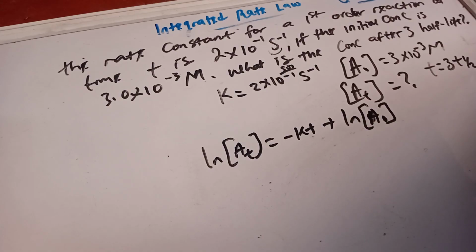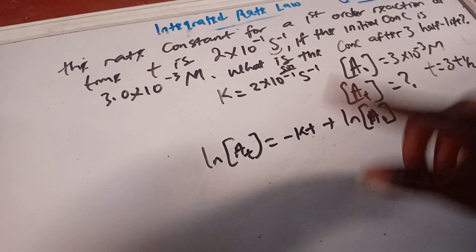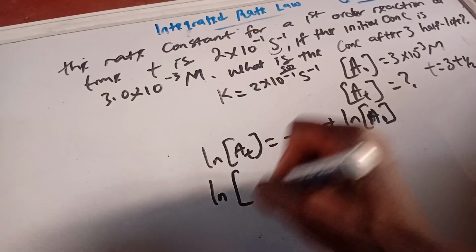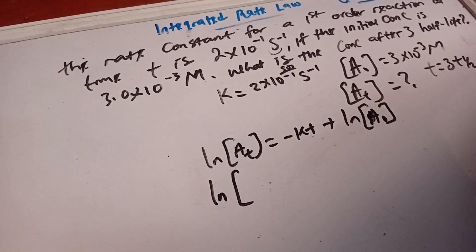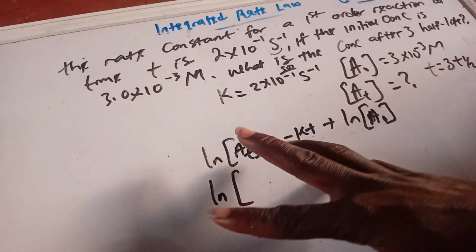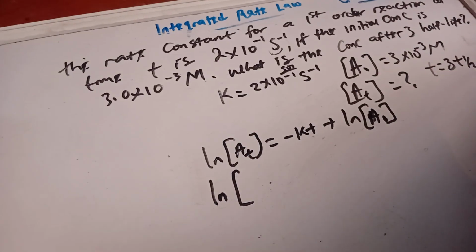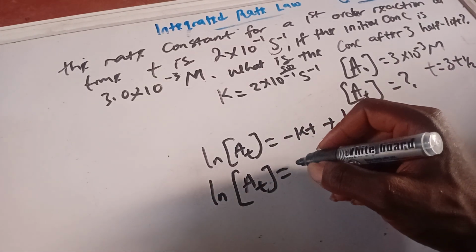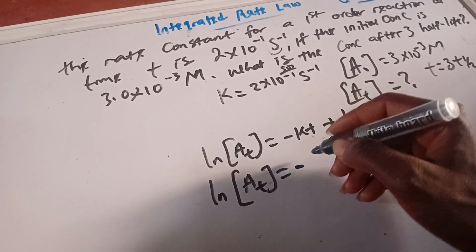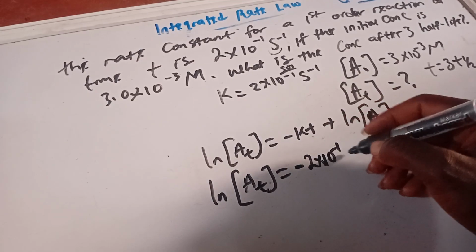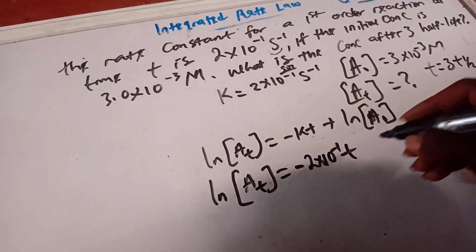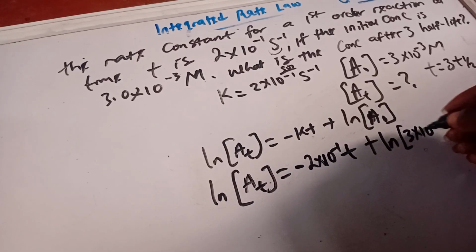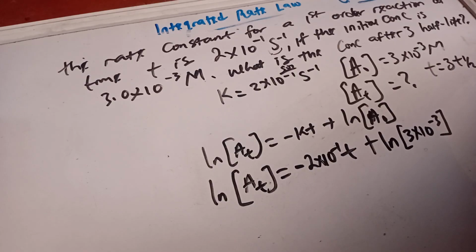So ln A_t equals minus 2 times 10 raised to power minus 1 times t, where t is 3 half-lives, plus ln A naught.